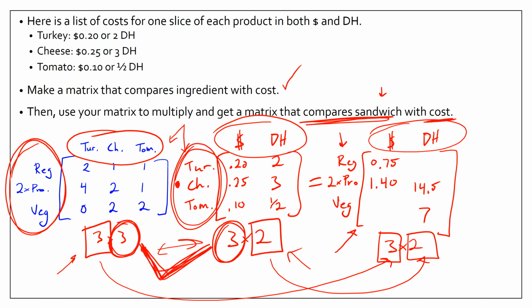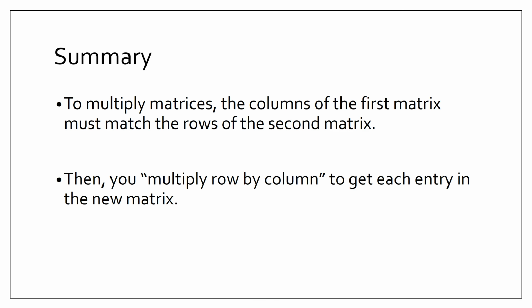We're going to do more examples like this in class, a lot more examples in fact, because this is where the real power of matrices comes in, where you multiply them. We'll use these to solve equations, we'll use them to store data, and so forth. Let me give you a quick summary. To multiply matrices, the columns of the first matrix must match the rows of the second matrix. So like if I had a 1 by 3 and a 3 by 7, this I would be able to multiply.